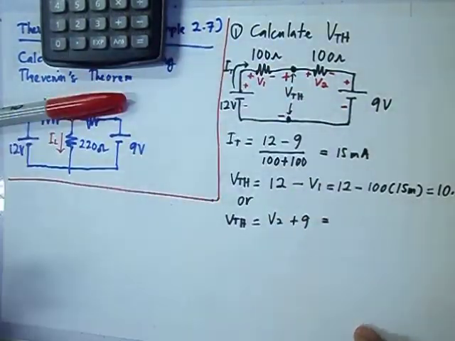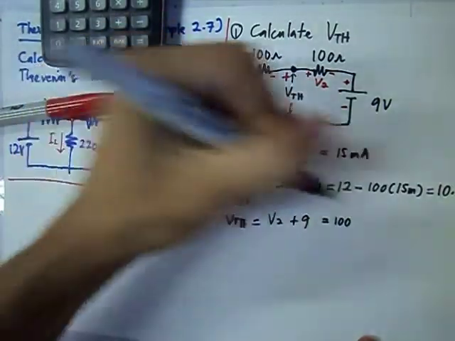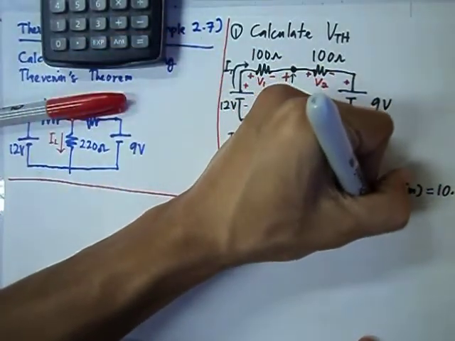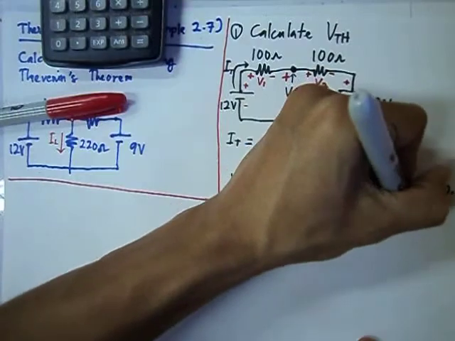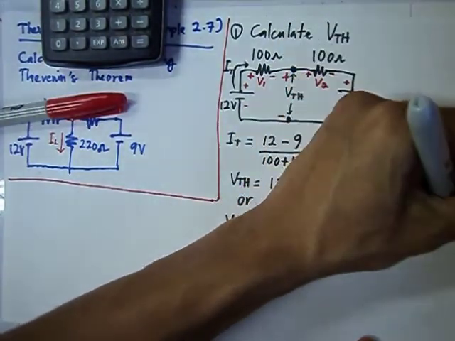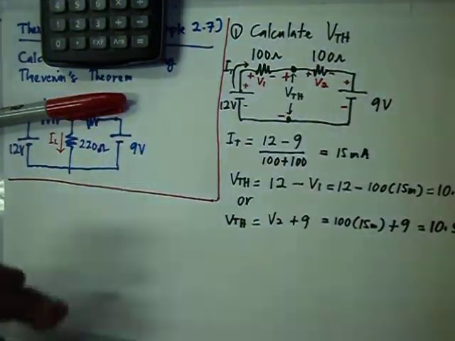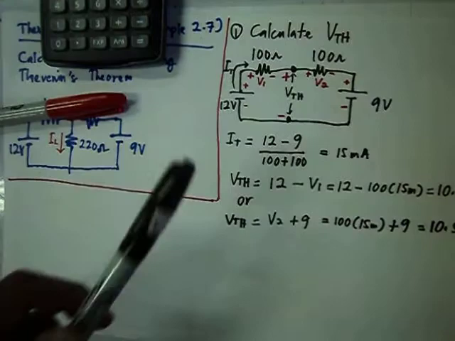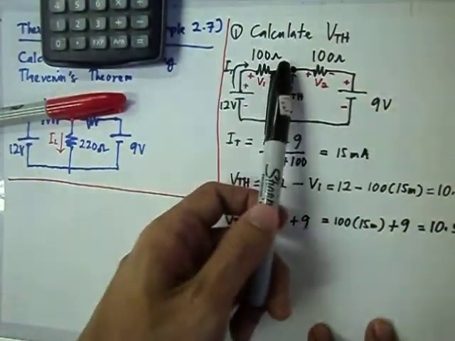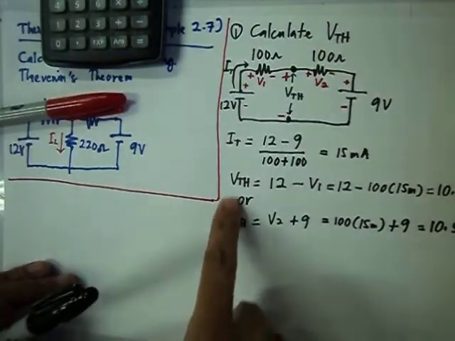So we get 100 times 15 milli plus 9, and we get the same answer, 10.5 volt. So you can choose either the left side or right side of the circuit to determine VTH.